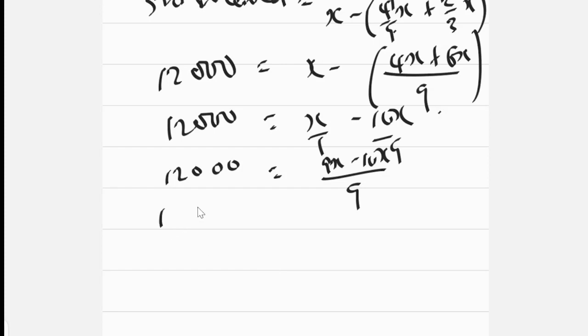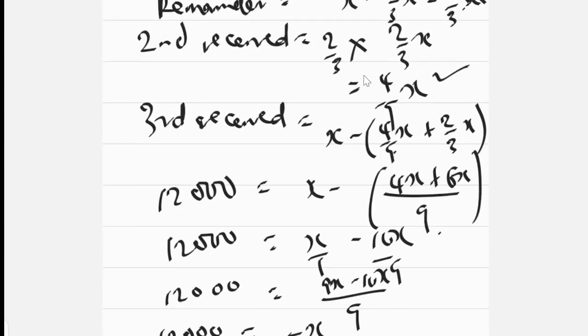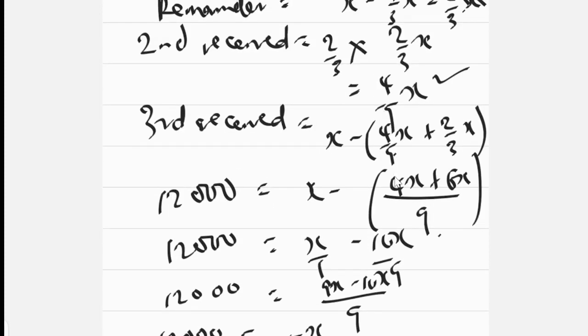Then you have 12,000 is equal to, what is 9 minus x? That is minus x over 9. Then minus x will now be what? Yeah, I think we made a mistake because we shouldn't have something of this nature. Let me check it. 4/9.